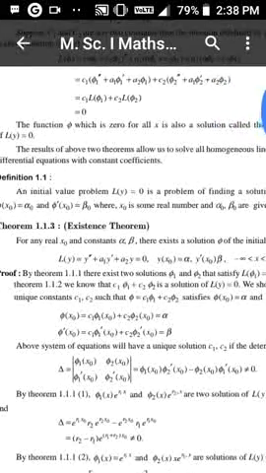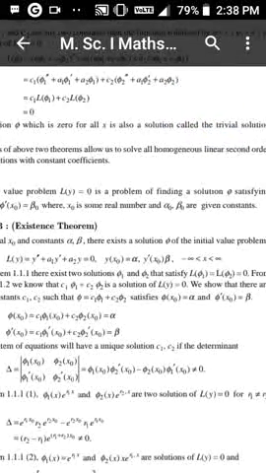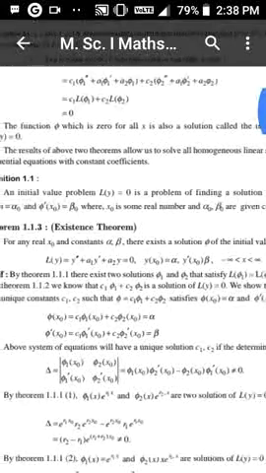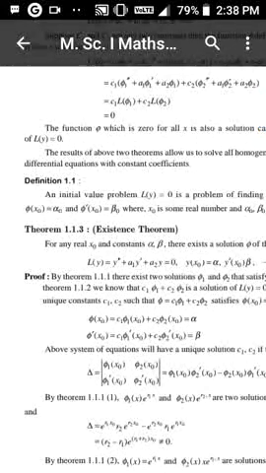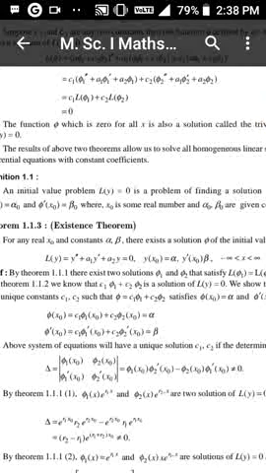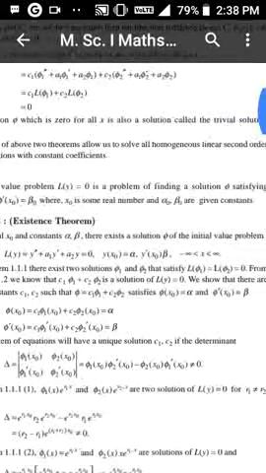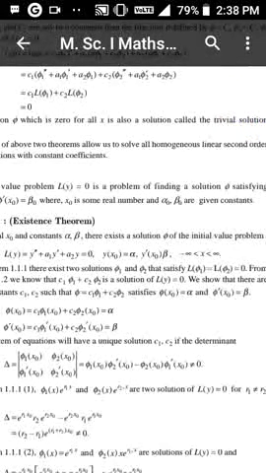From the second theorem, we know that c1 phi1 plus c2 phi2 is a solution of L of y is equal to 0. We show that there are unique constants c1 and c2 so that phi is equal to c1 phi1 plus c2 phi2 satisfies phi of x naught is equal to alpha and phi dash of x naught is equal to beta.